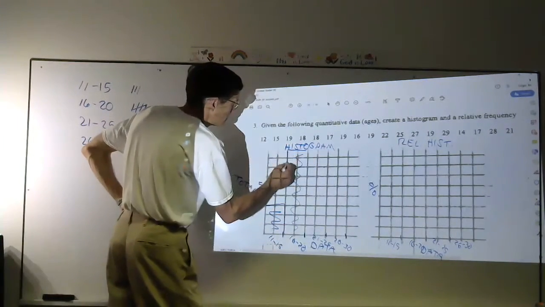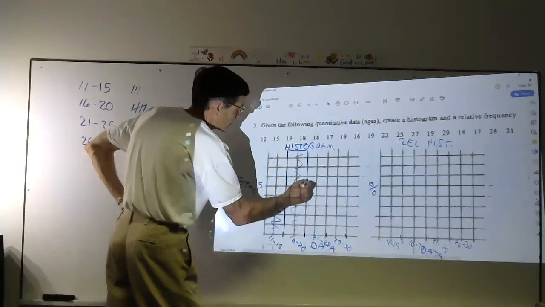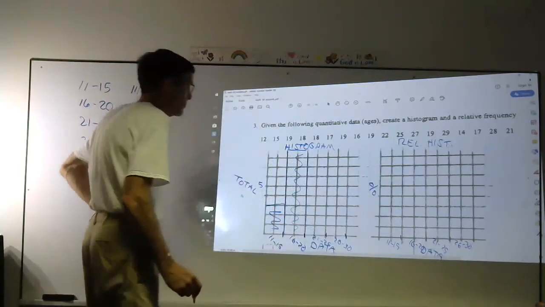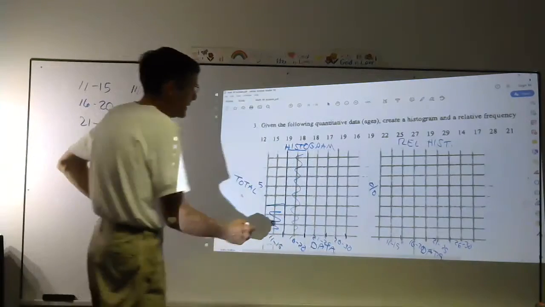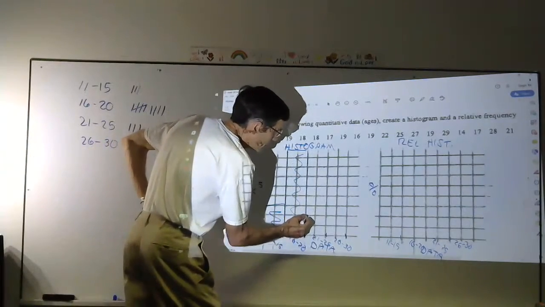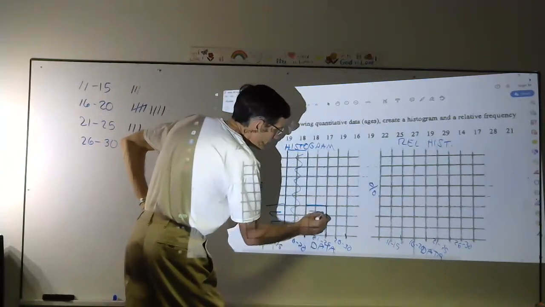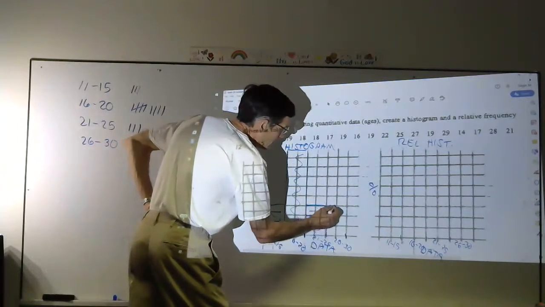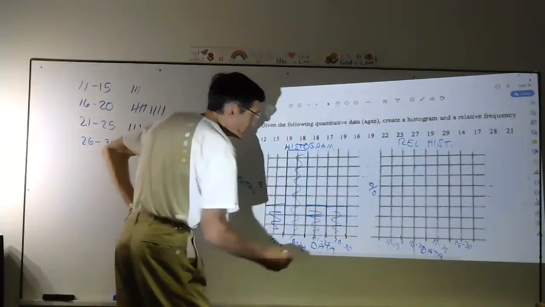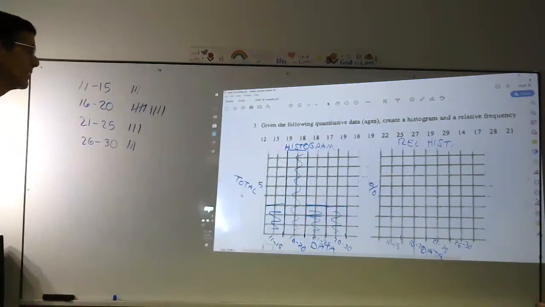There is my next group. I have 3 in the next to last, pardon me. 3 here, and 3 here. Okay? That is a histogram showing the data grouped, called limit grouping.